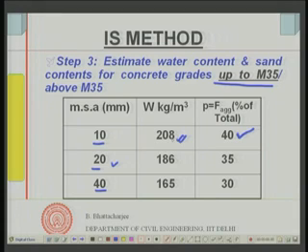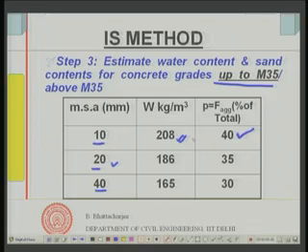Compaction factor has been used as a measure of workability here, and this table corresponds to a compaction factor of 0.8 and crushed, angular coarse aggregate.